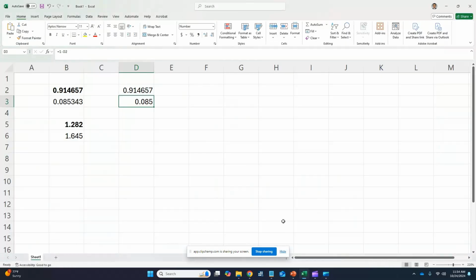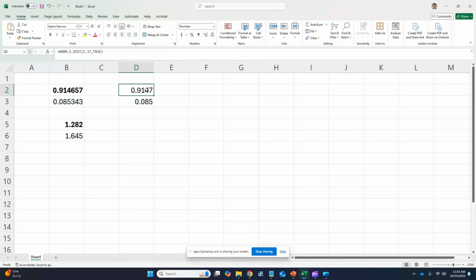On the other hand, if we want to calculate in Excel, we can use this formula, NORM.S.DIST, as in standard normal distribution, and we put 1.37 and TRUE because it's cumulative. So we get 0.91465, which is exactly equal to the probability that we received from our z table.